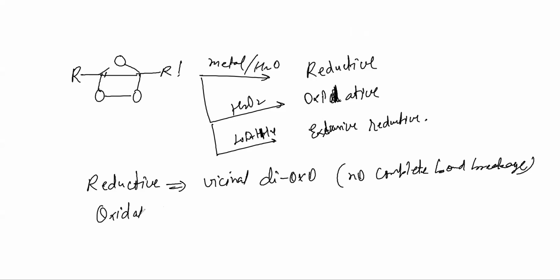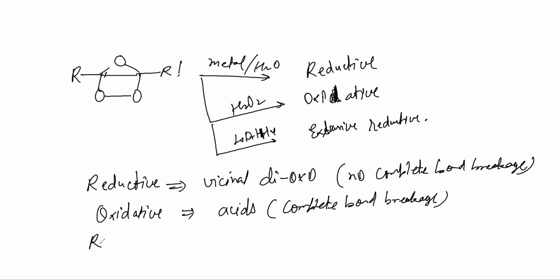In oxidative, you will get acids, complete bond breakage. And in extensive reductive, we get vicinal diol.